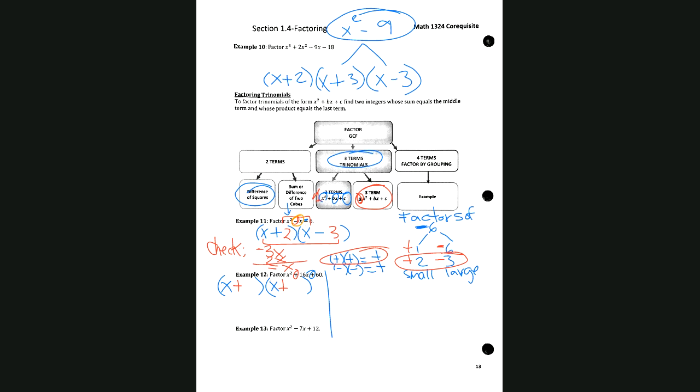Now we're going to list the factors of positive 60, so we could have 1 and 60, 2 and 30, 3 and 20, 4 and 15, also 5 and 12, and finally 6 and 10.